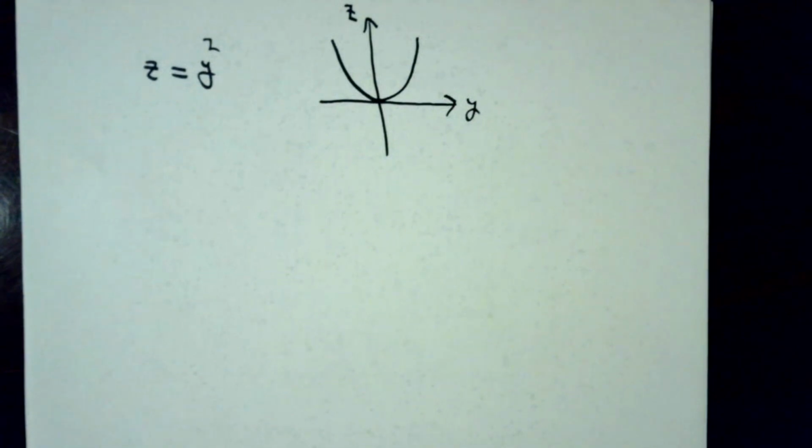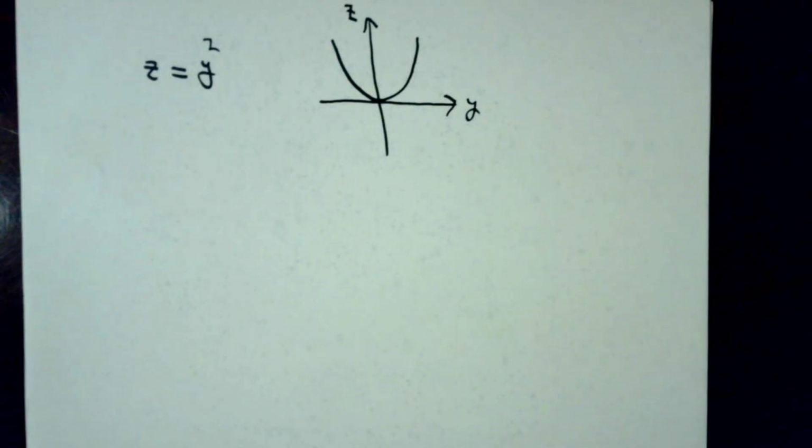It's just that x doesn't make an explicit appearance. So any two numbers y and z that look like that can be assigned any x you care to, and we will have a point on our surface in three-dimensional space.